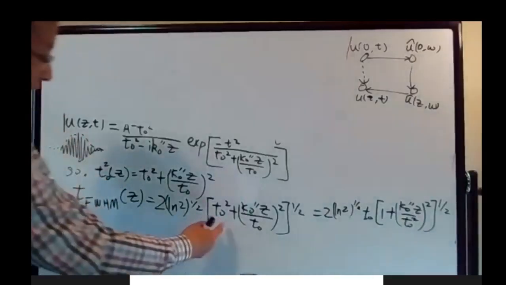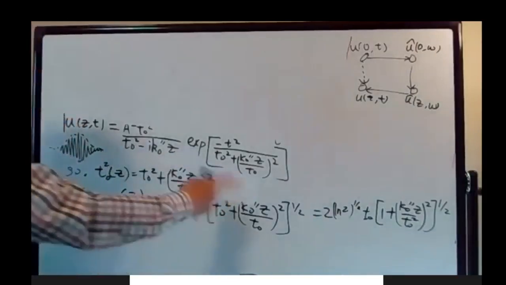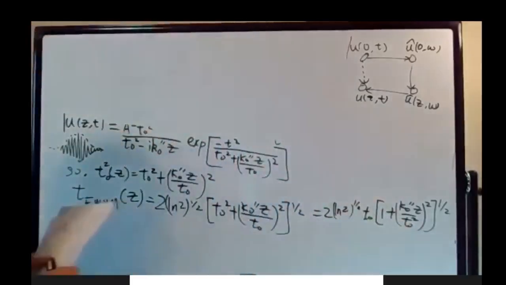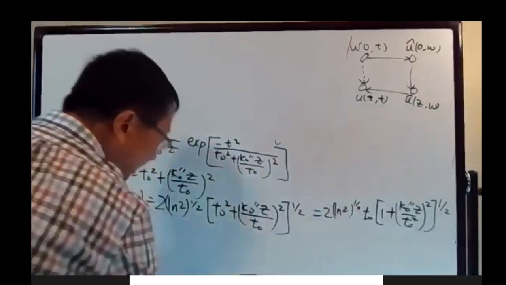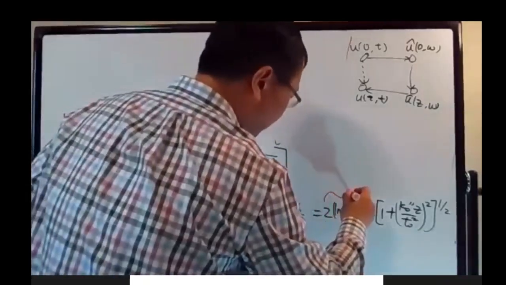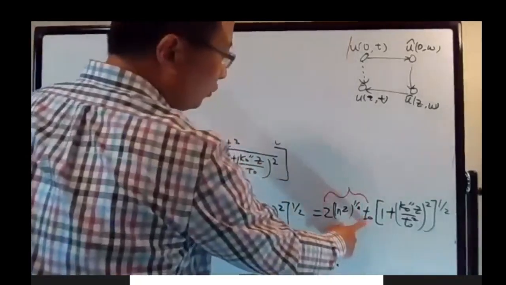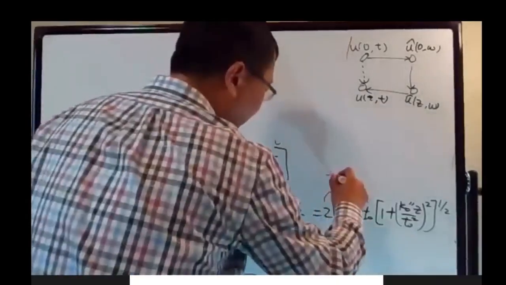So I extract the T naught out of this bracket. We have T naught, and then we need this T naught square. Now this piece is the original full wave half maximum, the original T naught full wave half maximum.